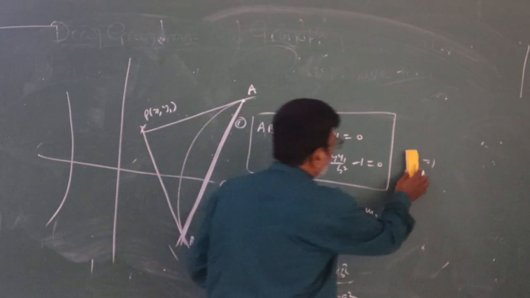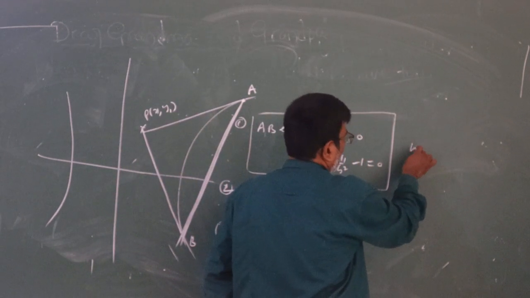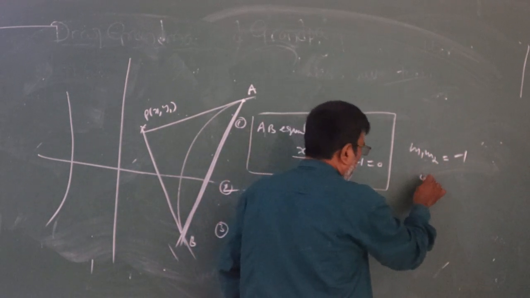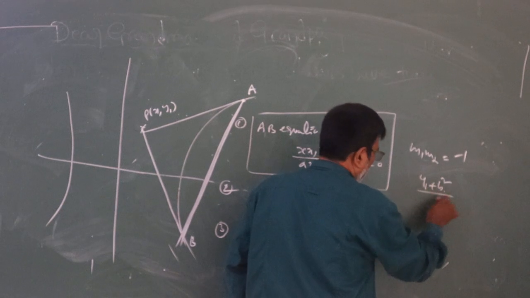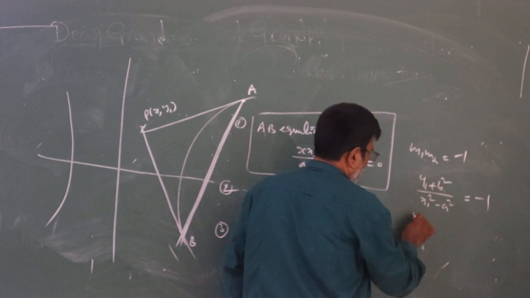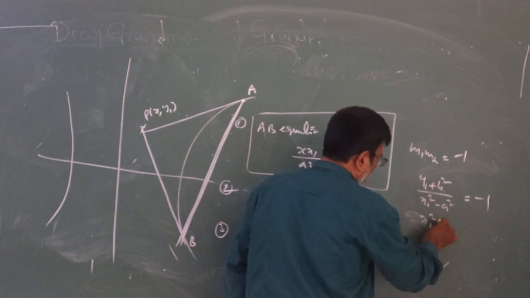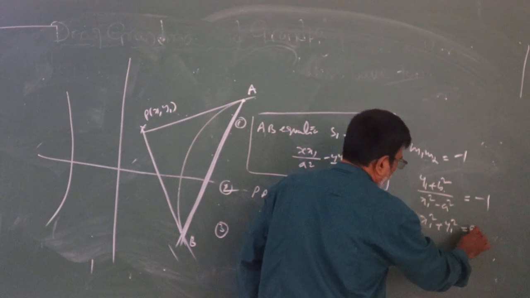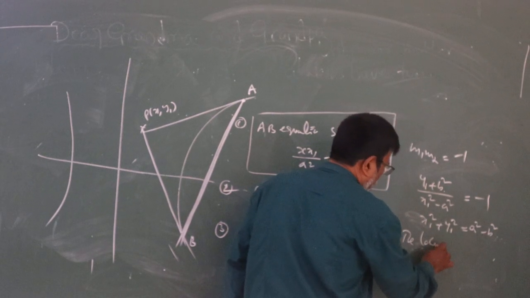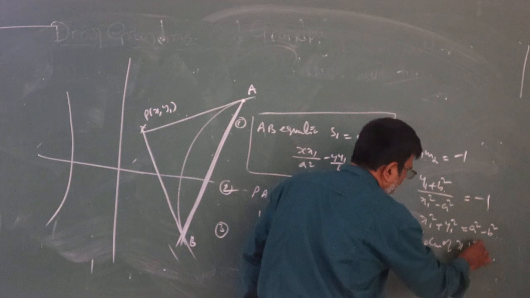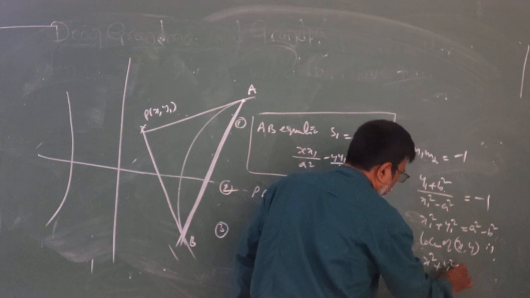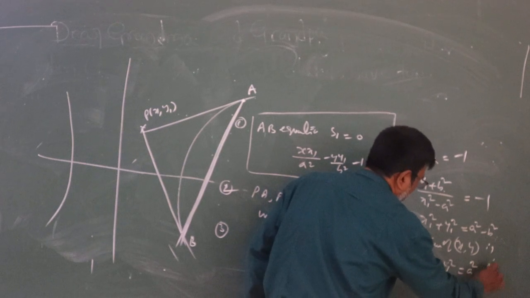If m1 m2 equals minus 1, what happens? Then y1 square plus b square by x1 square minus a square equals minus 1. From this, x1 square plus y1 square equals a square minus b square. So the locus of (x, y) is x square plus y square equals a square minus b square.